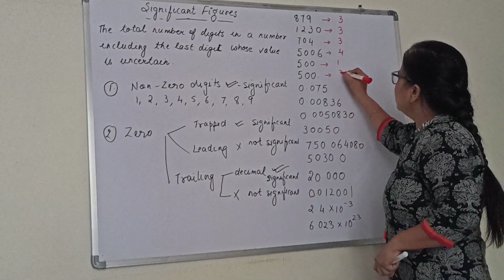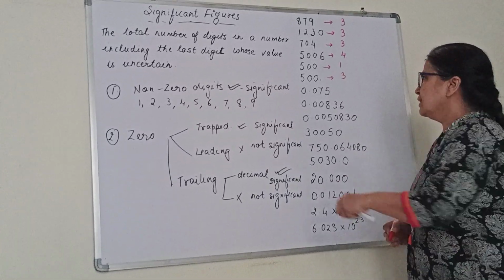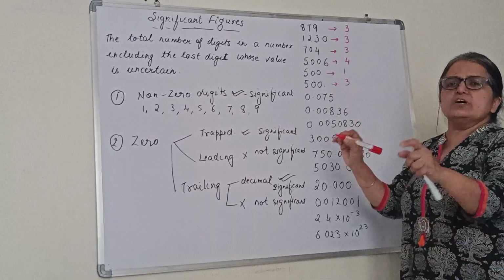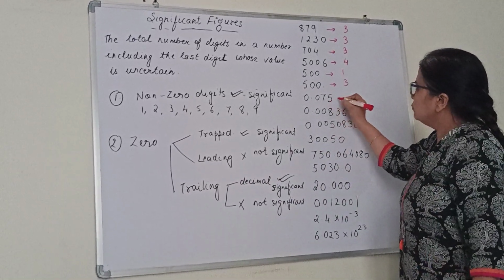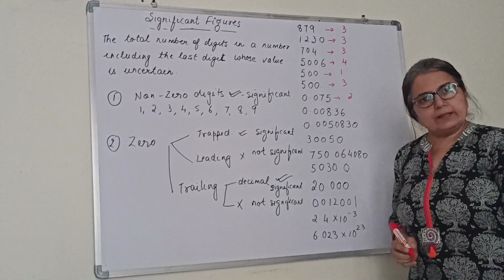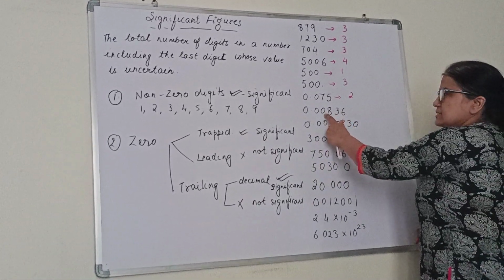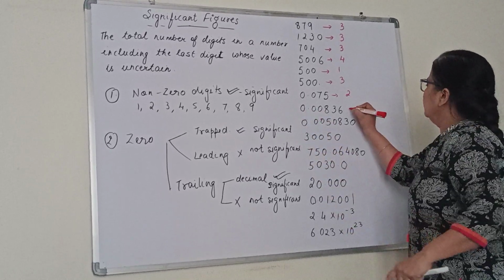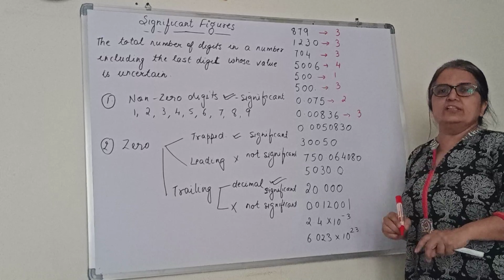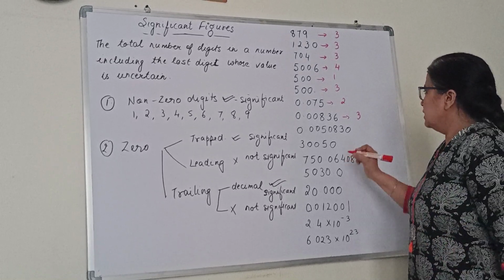In this you have 3 significant figures. This one is a leading 0. Leading zeros are never significant. So you have 2 non-zero numbers, so you have 2 significant figures. Clear till here? Again, this is a leading one, not significant. You are having only these 3 numbers put together, 3 significant figures.